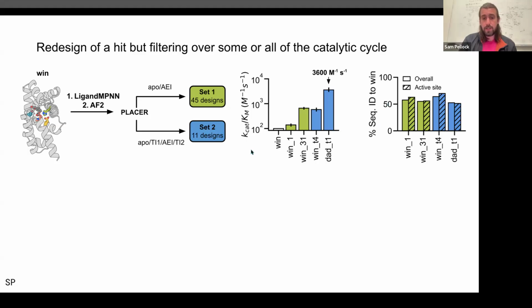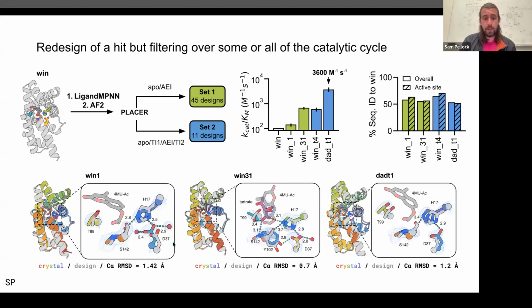We also determined the crystal structures of a number of these redesigns, and again, they're pretty close to the design models. Some of them have sub-angstrom overall C alpha RMSD. For each of them, the catalytic triad is still intact.